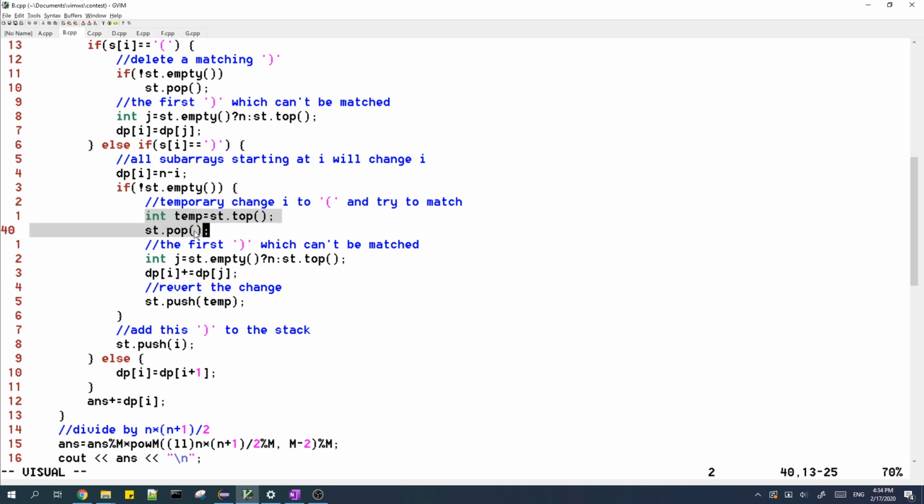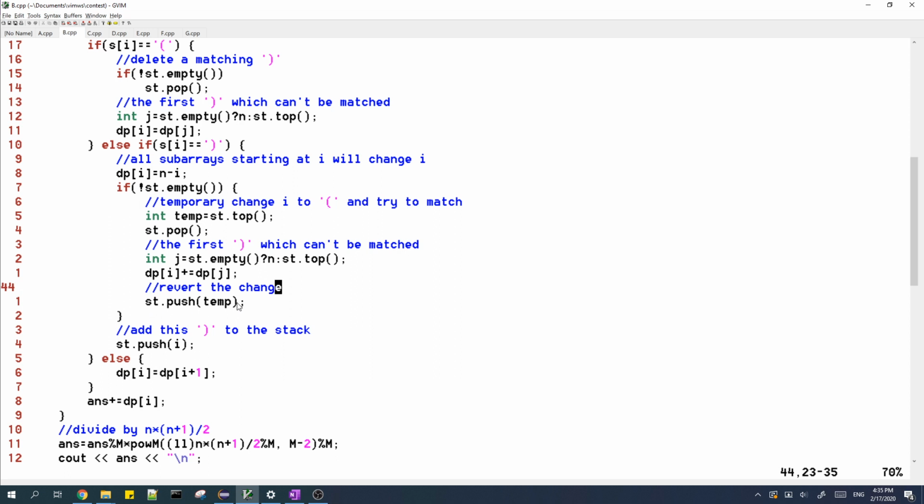We pop it, and use the same process to find the first closing parenthesis which can't be matched. It's pretty much the same as the one for the other case, and we add dp of j to dp of I. Then we need to revert the change, because the change of I from a closing parenthesis to an opening parenthesis was only temporary.